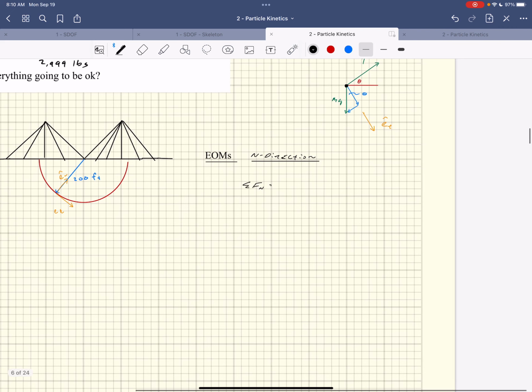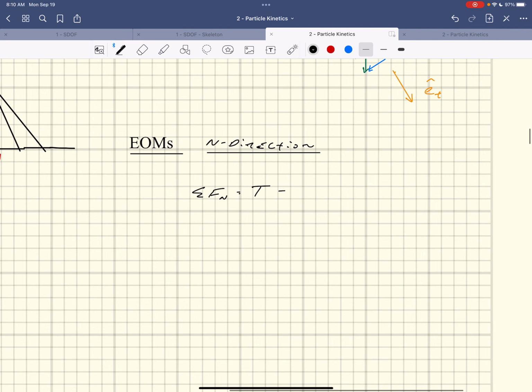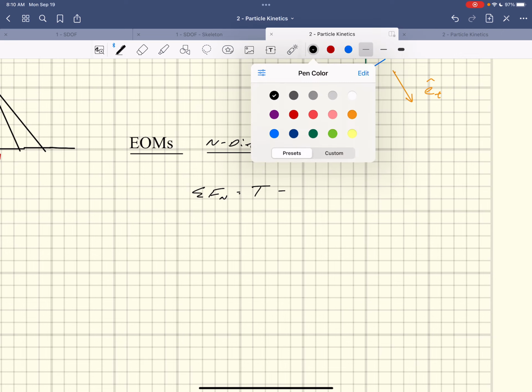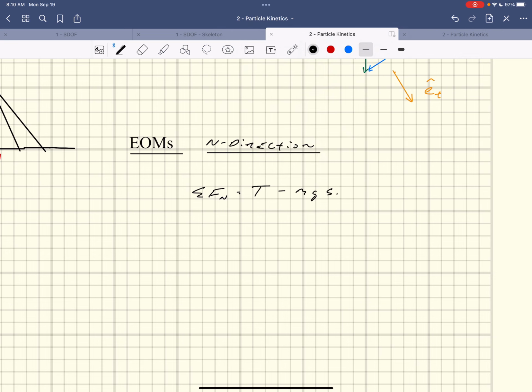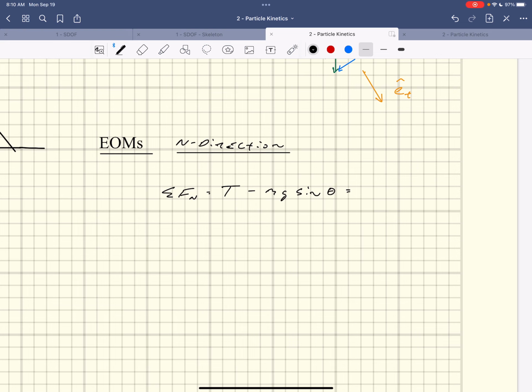So this would be T minus mg sine theta. That's my forces, that's all of them. The component of mg in the theta direction, and the T is all in the n direction. That's equal to mass times acceleration in the n direction.